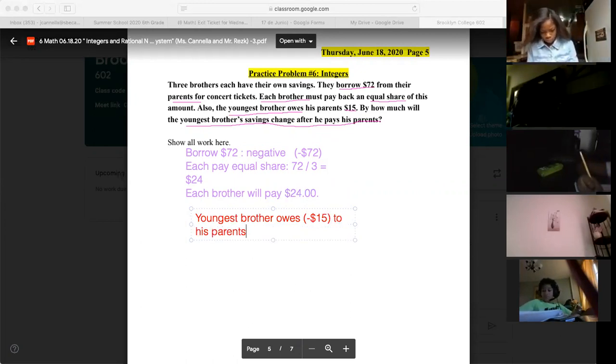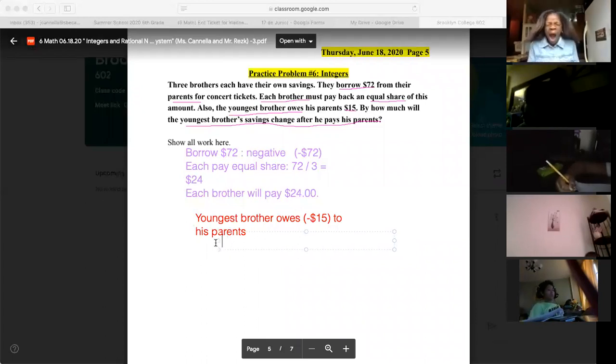Okay. Now what do I do with this 24 and this negative 15? So we add the negative 24 plus negative 15, which gives us... Where are you getting the negative 24 from?